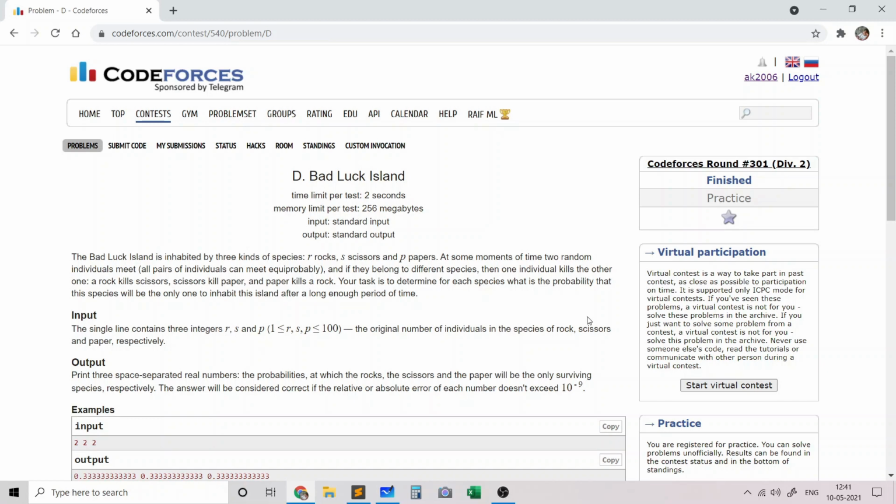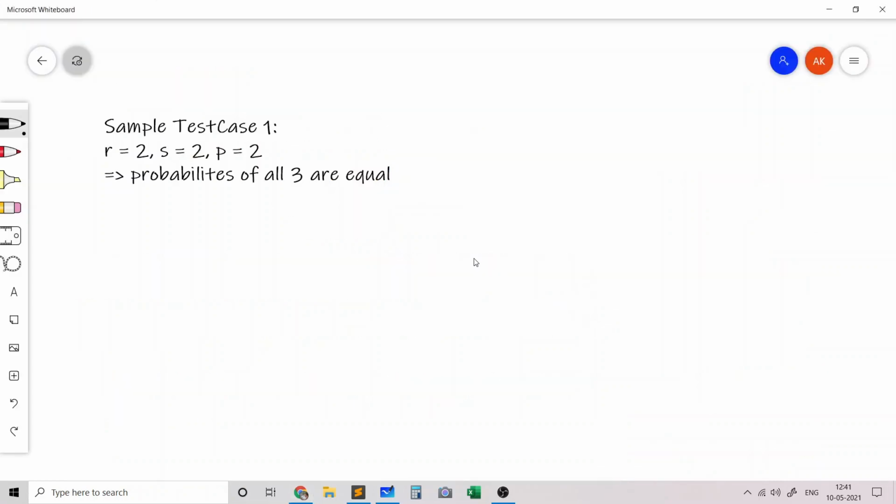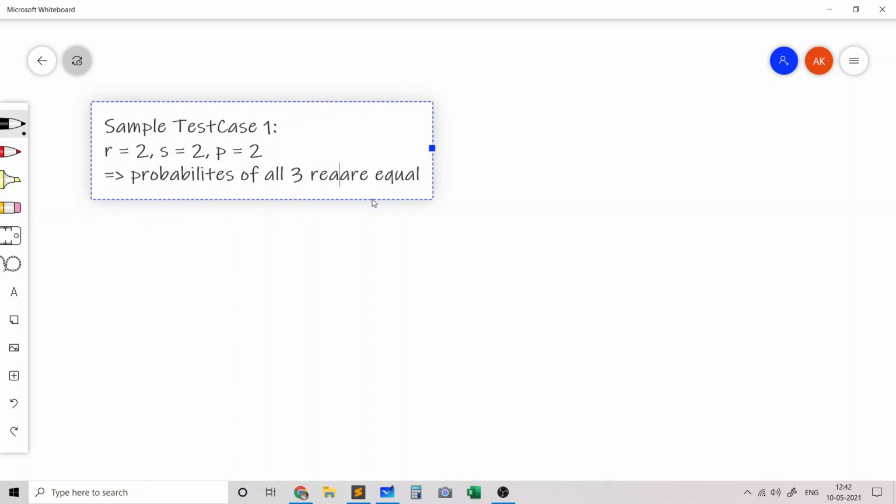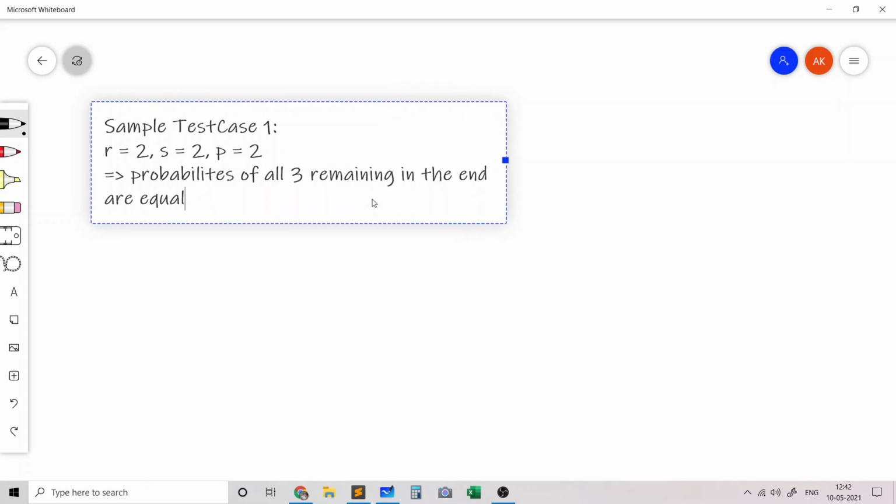In the sample test case, we are given R is 2, S is 2 and P is 2. Since there are an equal number of rocks, papers and scissors, obviously there is an equal chance of any one of them surviving. So the probabilities of all 3 remaining in the end are equal, and equal to 1 by 3, which is 0.33.